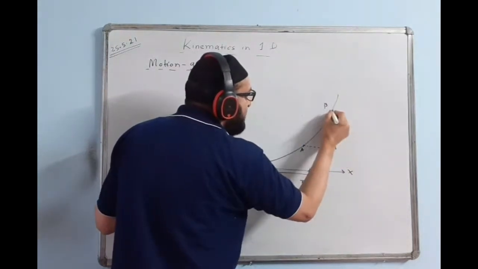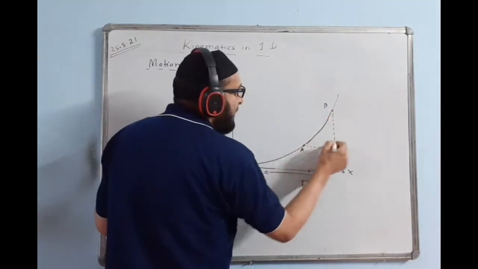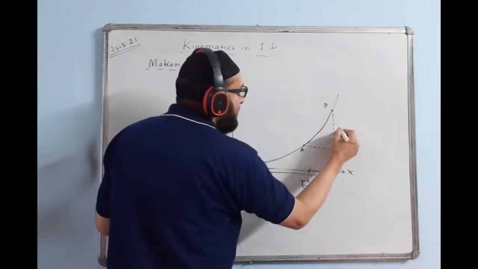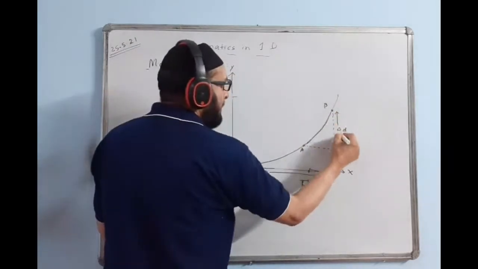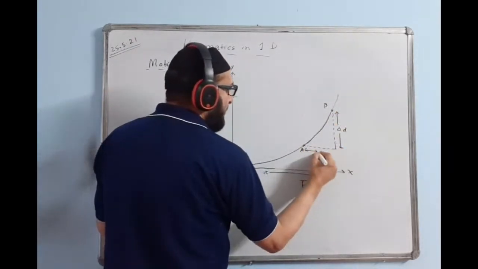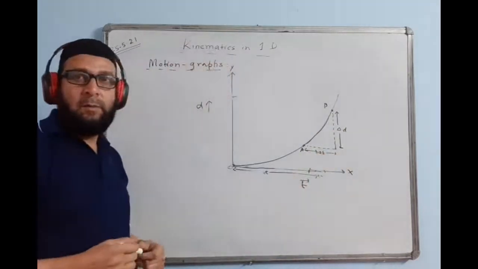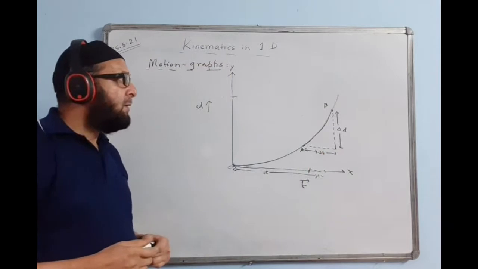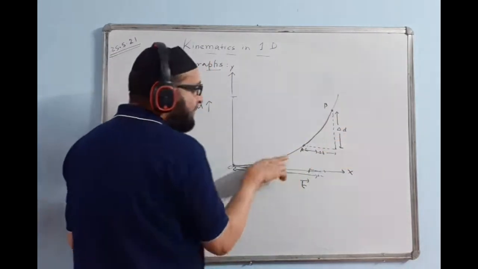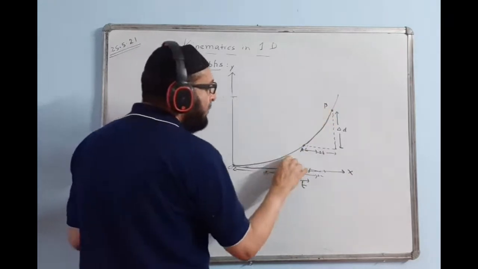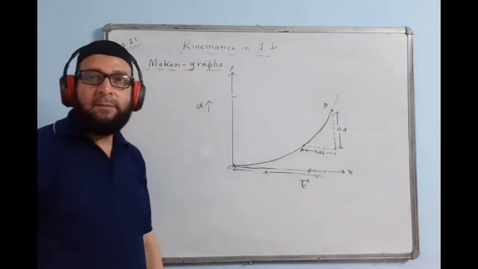This line we will consider to be a straight line here. So this value is suppose delta D, and this value will be delta T. Between these two we'll find the slope now. This will be the value of slope, this divided by this. And between suppose this point and this point, you will draw a line like this. The answer will come different there.